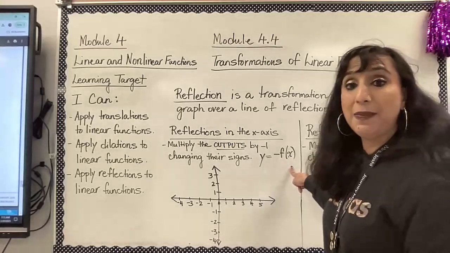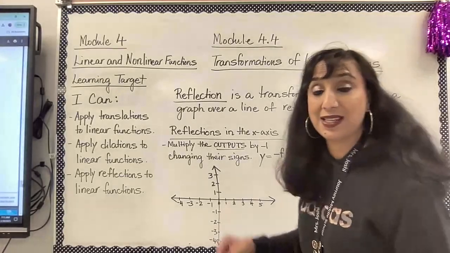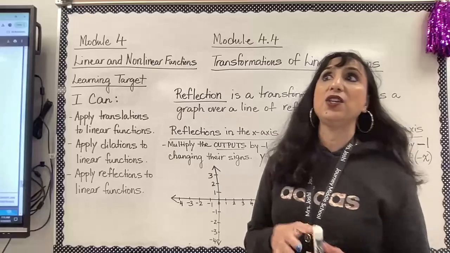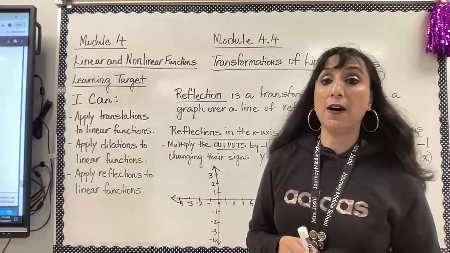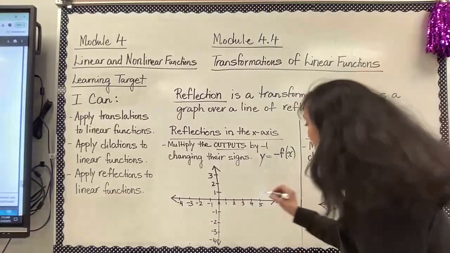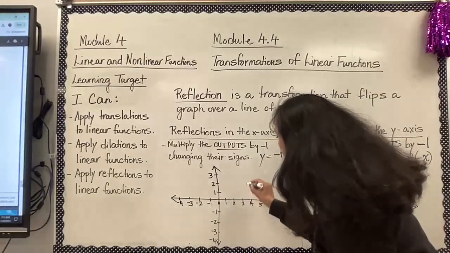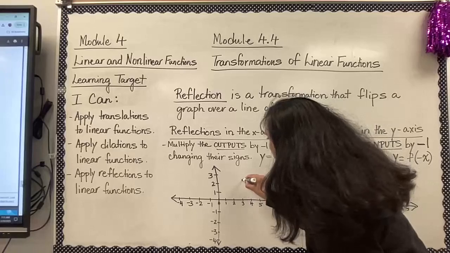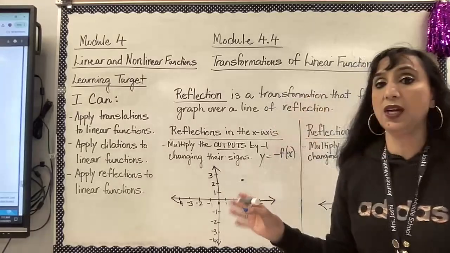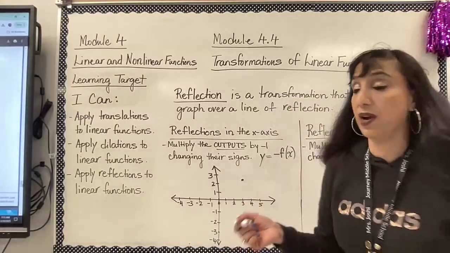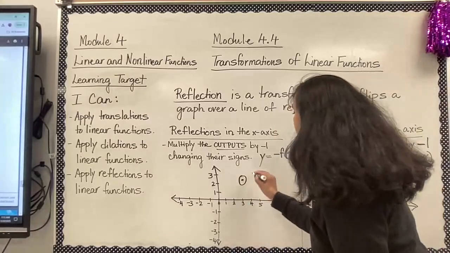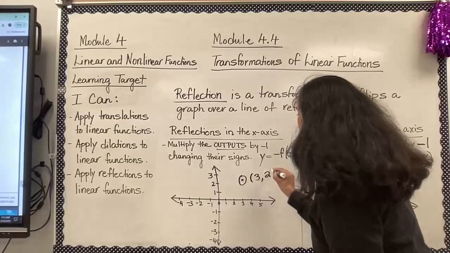So what is happening in reflection of the x-axis? Let's say I do an ordered pair of 3, 2. So if I say 3, 2, which is here, and I'm just doing a quick review from 6th grade. So this is 3, 2.